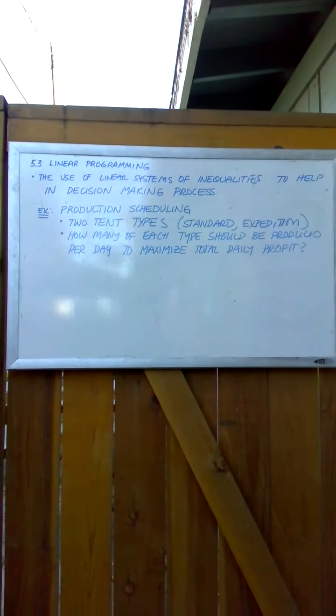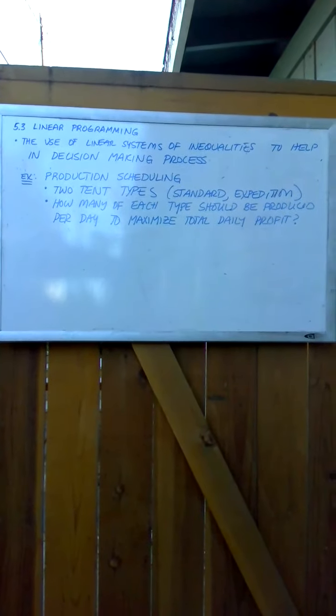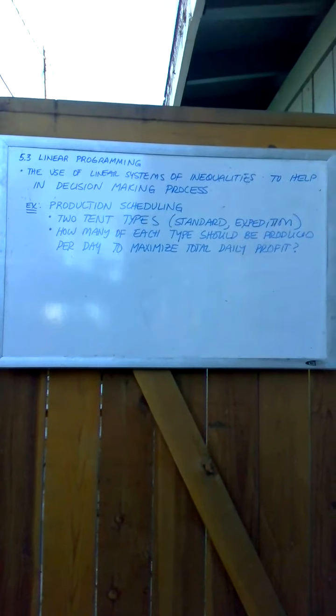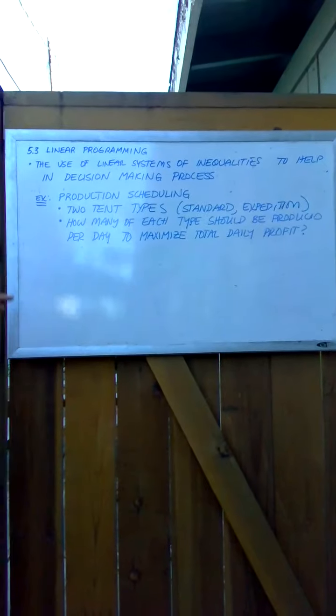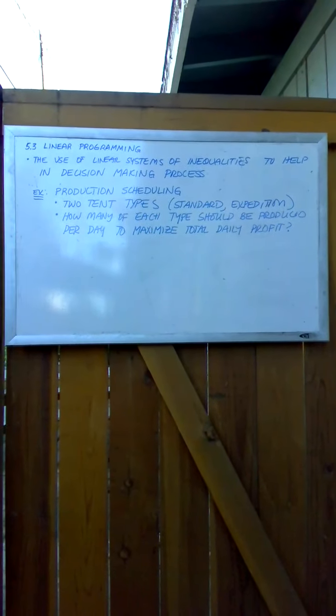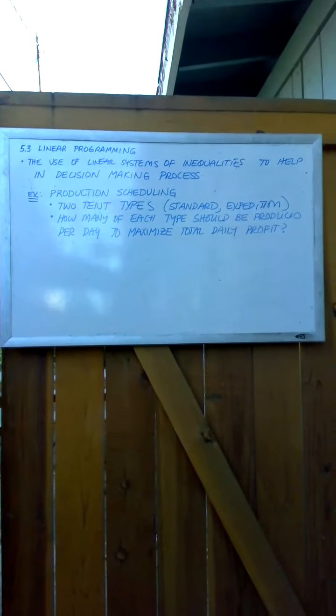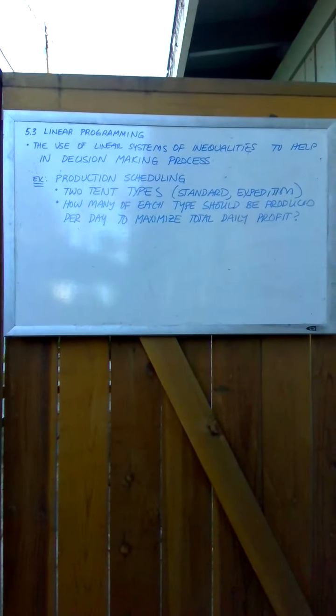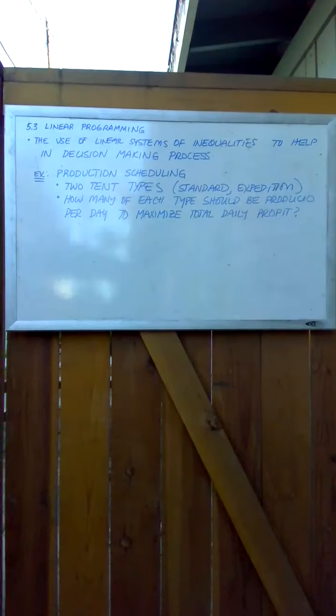Okay, so this kind of problem deals with linear programming. What happens here is we're going to get some information. This is the problem that I included in the link. So hopefully you have that on your screen or printed out so that I don't have to write the whole problem out.